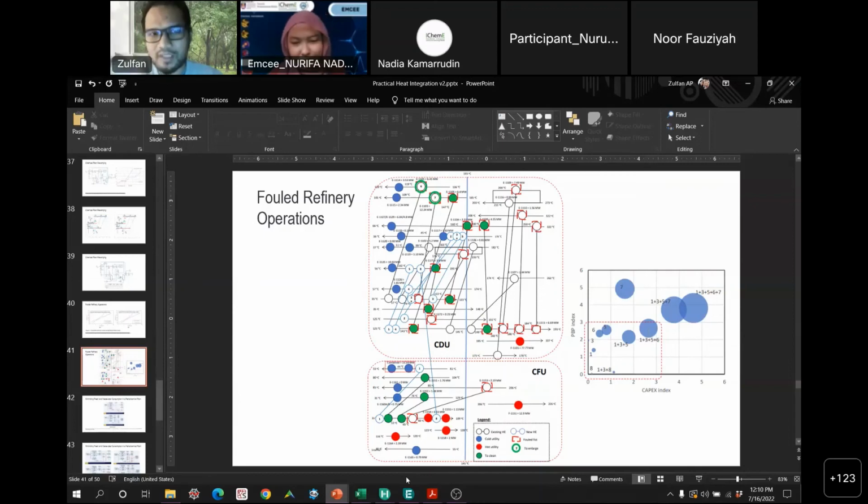So for that particular exchanger, the 4 megawatt one, we will have to spend maybe some amount of money. Say for example, just put some number here, 10,000 ringgit. It's not the correct number, but 10,000 ringgits.